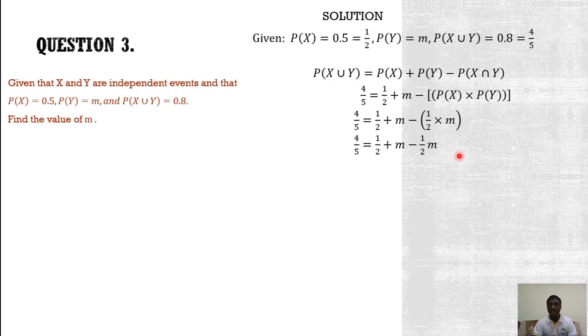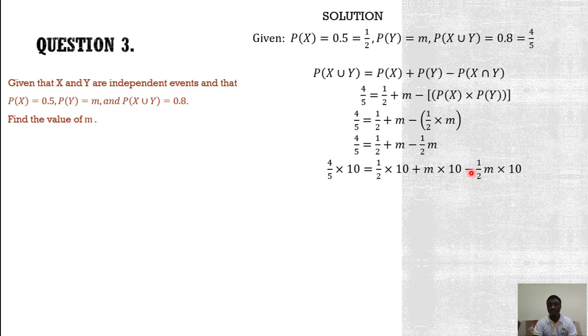So what we are going to do here is to find the LCM and use it to multiply each of the terms. Now our LCM is going to be 10. So as you can see on your screen, you multiply each of the terms by 10.